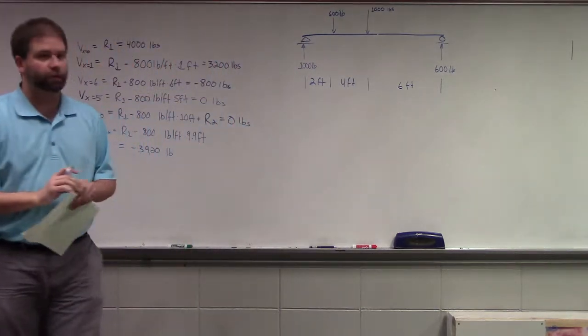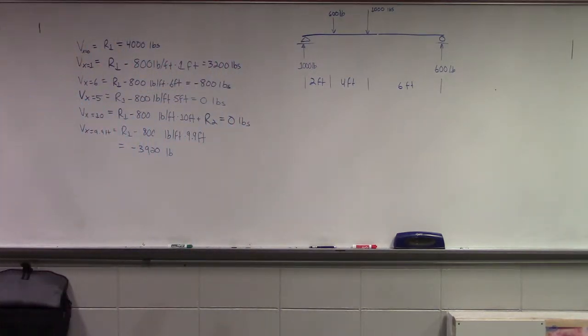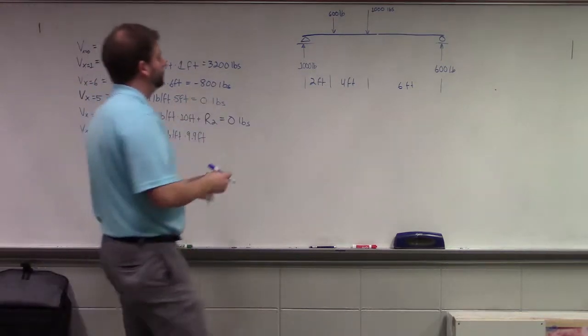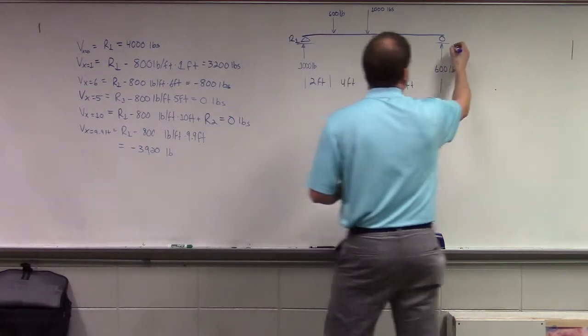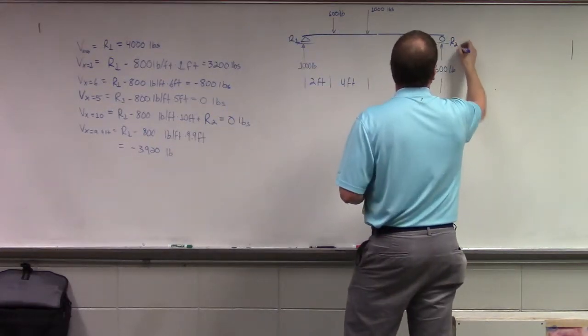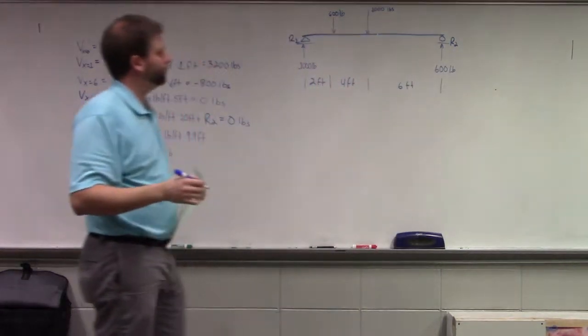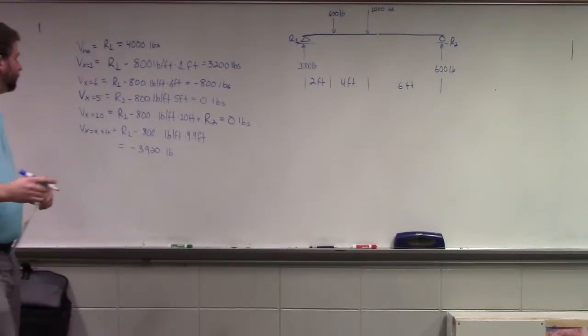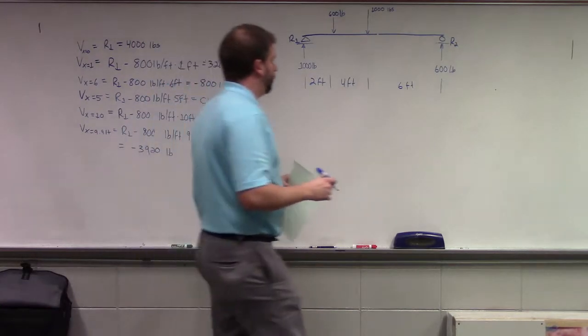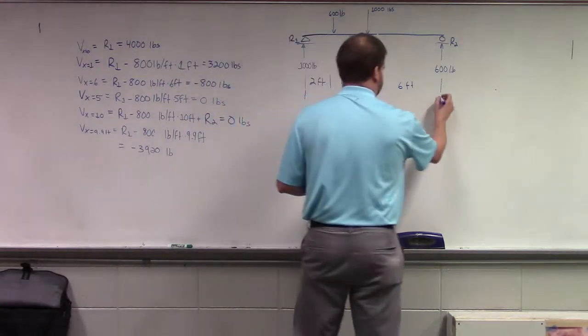So we have a 600-pound force being applied 2 feet from R1. And we have a 1,000-pound force, and the 1,000-pound force is 6 foot from both of the reactions. Okay? So overall length of the beam is 12 foot.